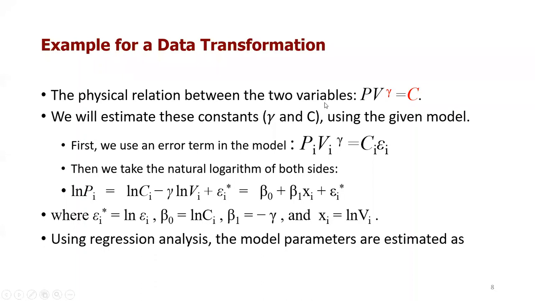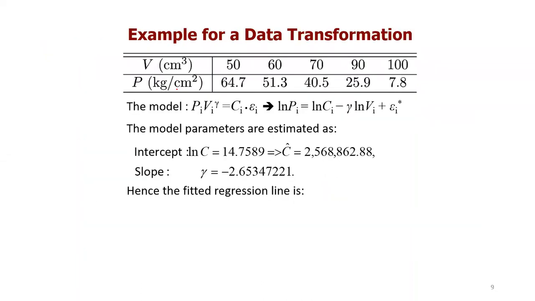Okay. So if you just run the regression analysis, the model parameters can be estimated as, so ln C turns out to be 14.7589. So this is ln C, right? So the real value is e to the power 14.7589, which is equal to 2,568,000 and so on and so forth, right?